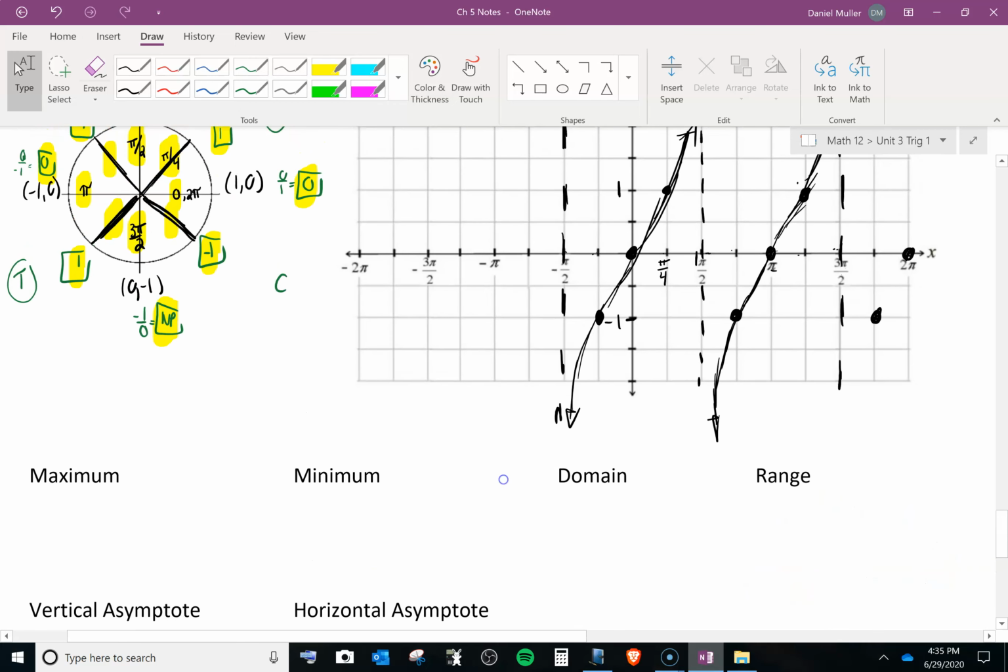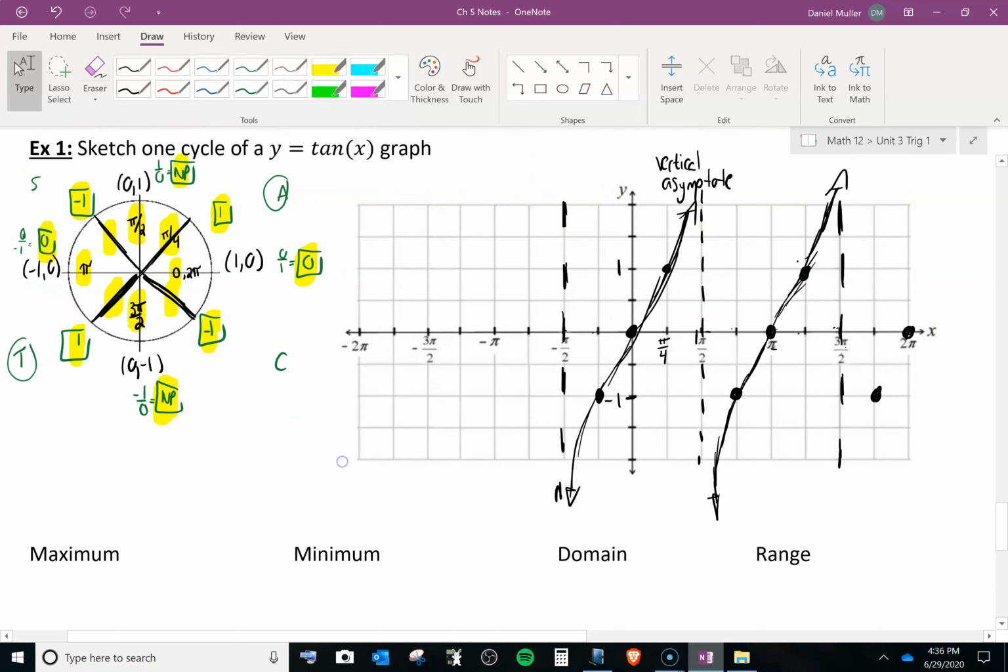So it repeats itself, which is why if you look here, from negative pi over 2 to positive pi over 2, you have a half pi and a half pi, because pi cut in half, pi cut in half. So the total you would have is 1 full pi. So the period for tangent is always going to be pi, the basic tangent graph. And that's when it starts repeating itself.